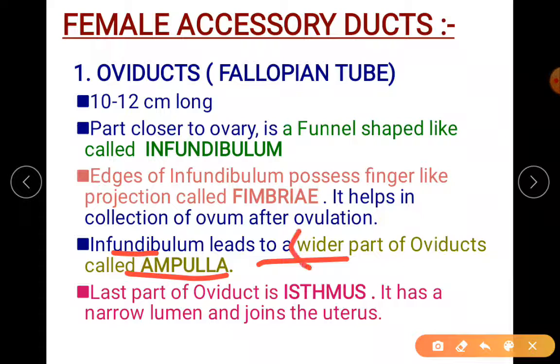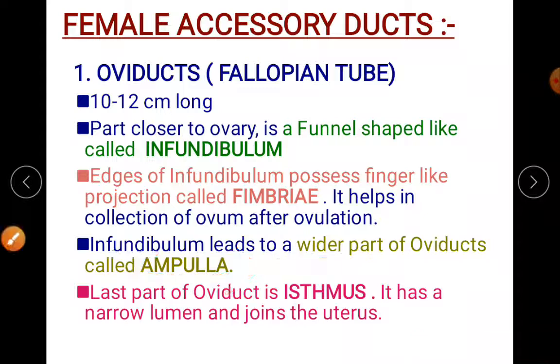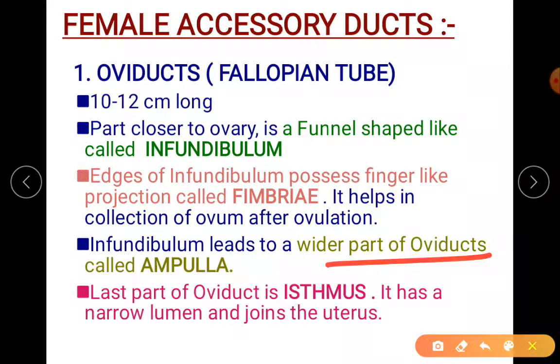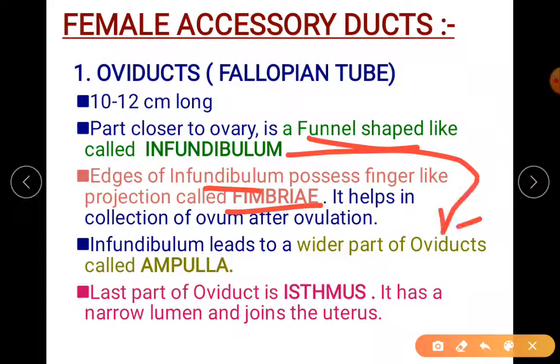The wider part of the oviduct or fallopian tube is called ampulla. So fimbriae is present on the infundibulum. Infundibulum is a funnel shaped structure, and it opens into the wider part of the oviduct called ampulla.